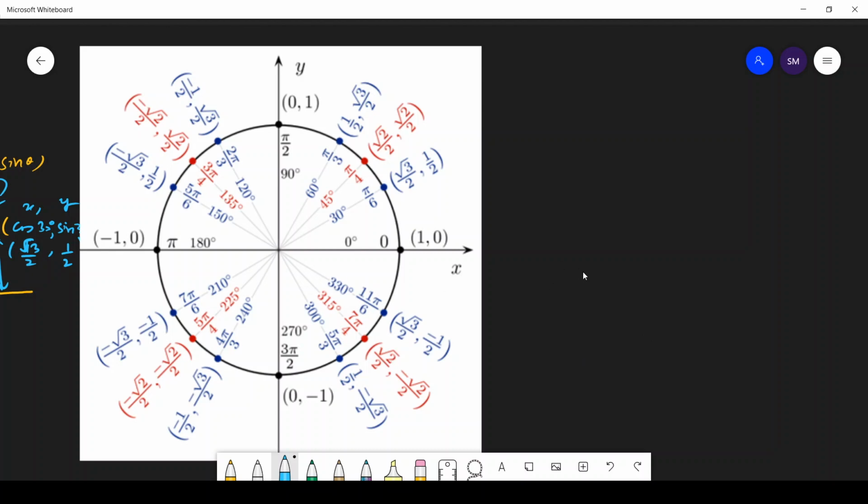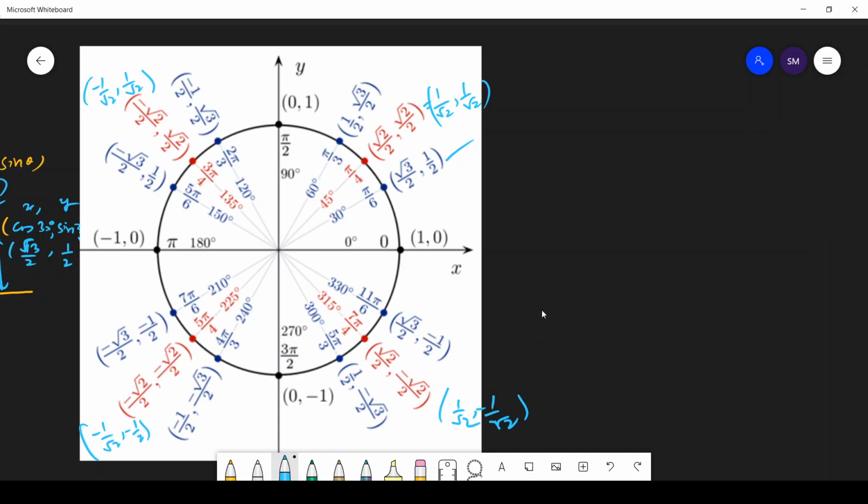Okay, so 30 degree, and then this you can write as 1 by root 2 and 1 by root 2. Okay students, so you just change it. So this is minus 1 by root 2 and 1 by root 2. Can you do it yourself? Yes, minus 1 by root 2 and minus 1 by root 2, and this one 1 by root 2 and minus 1 by root 2.